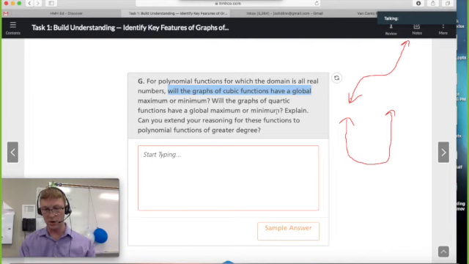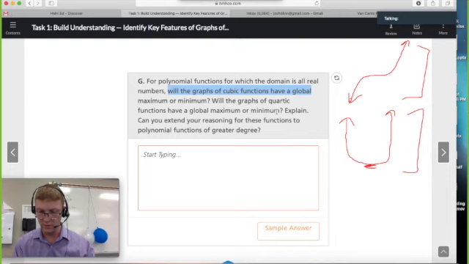And again, you are going to have a global minimum right there wherever the vertex is. And I would say that can be extended to all odd functions for this one right here, and all even functions for this one right here.